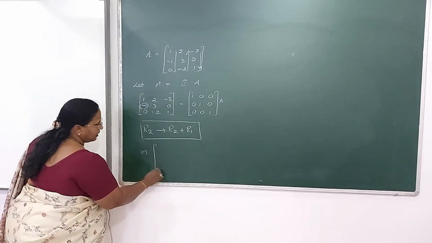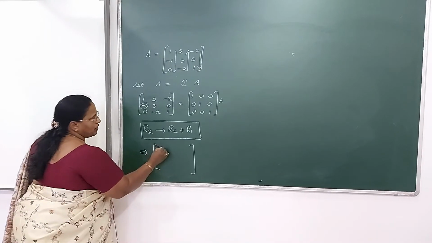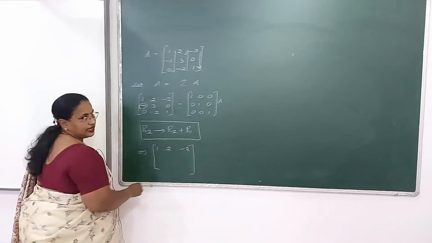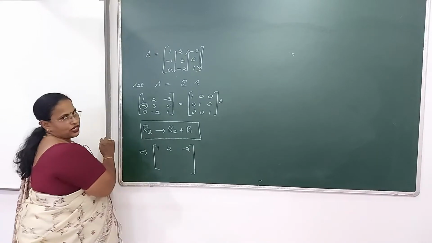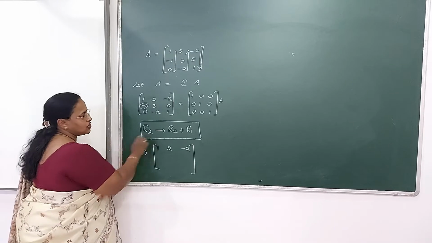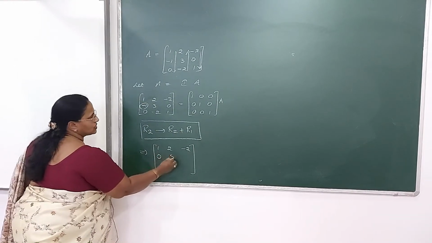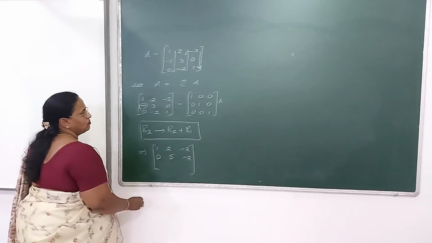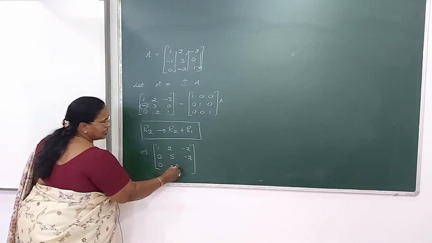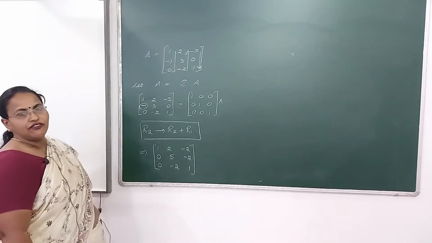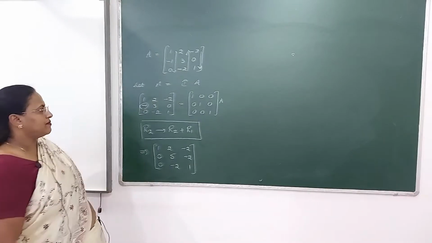So let us apply. The first row will remain as it is because nothing we are doing there. Second row we are going to apply the operation. And what operation? R2 plus R1. So it's minus 1 plus 1, here it is 0. This is 5. This is minus 2. Third row will remain as it is, so you will leave the third one as it is.